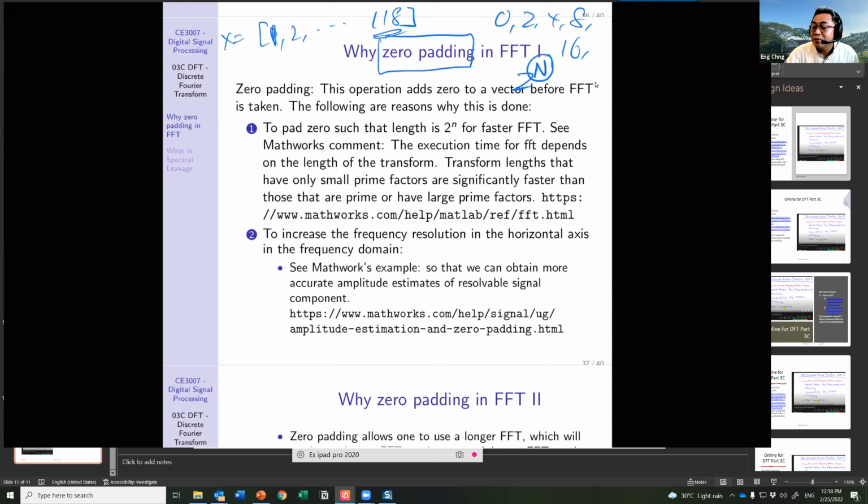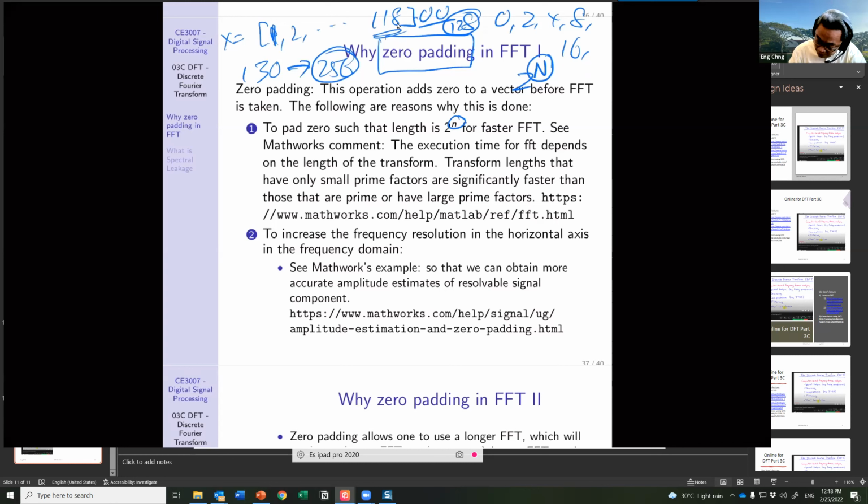So we like numbers that are 2 to the power of an integer n. There are many reasons. One of them is that it allows you to decompose the problem so that FFT is very fast. So later on, we will zero pad this up to 128 samples. Any longer, let's say 130 samples, we'll pad it until 256. So things like that.